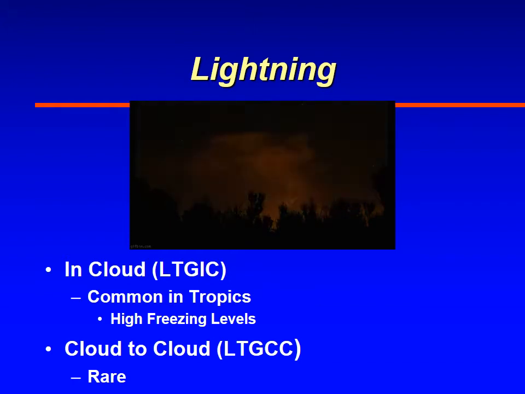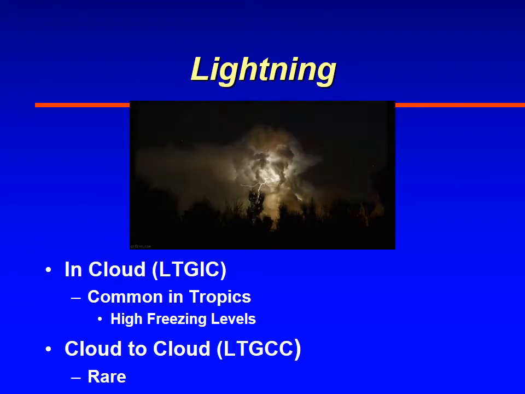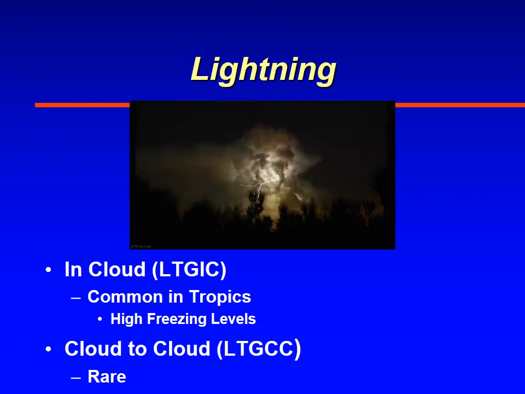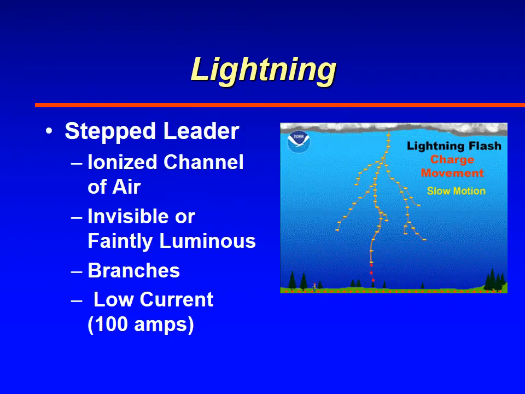And then there's also cloud-to-cloud lightning strikes, and those are very rare. You don't see that very often, where two separate thunderstorms are connected by a lightning strike. So the way that lightning works is that first there's an invisible ionized channel of air that starts to seek its way to the ground if you're looking at a cloud-to-ground lightning strike.